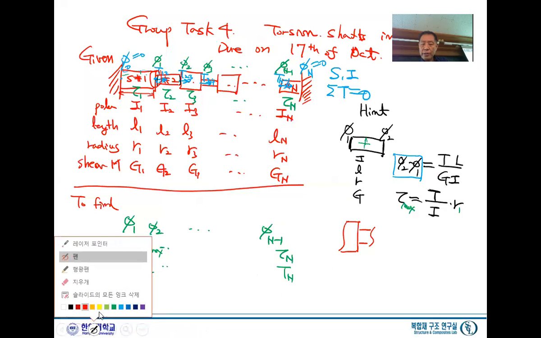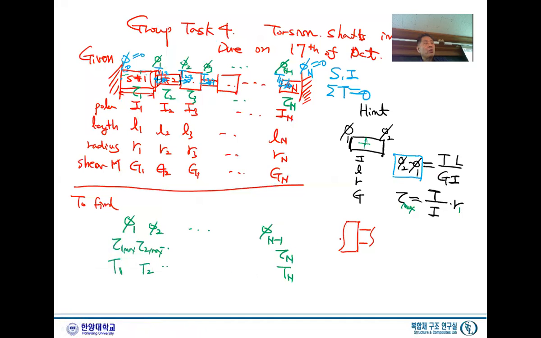Imagine that here we have, for example, torque T, let's say T_i, let's say torque T_j, and at the middle, at the junction, we apply what? Torque T_ij. That's our definition, right? So if we consider equilibrium of only this part, what do we have?